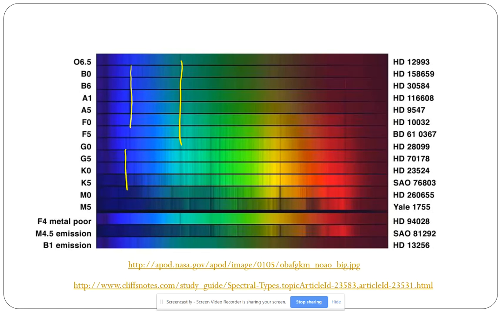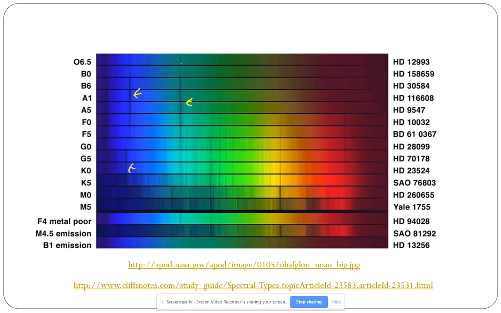But what you should notice is that in the center of each of those things that I marked, you have the greatest absorption. And so by looking at those absorption peaks and measuring the relative strengths of the absorption peaks, that gives you a very precise measurement of the temperature of the star.